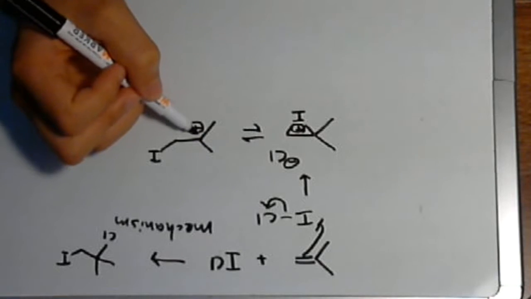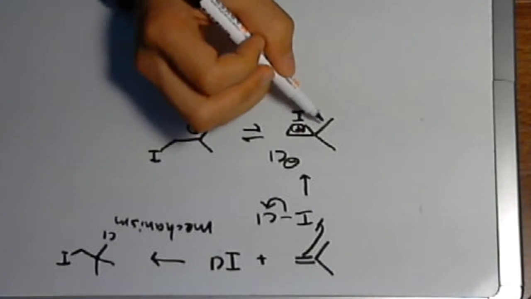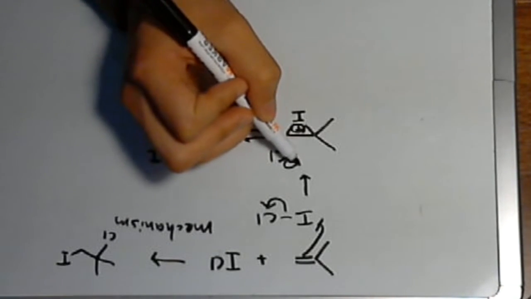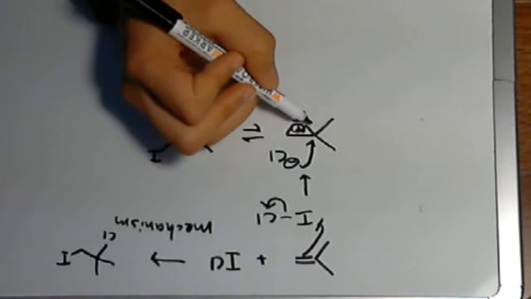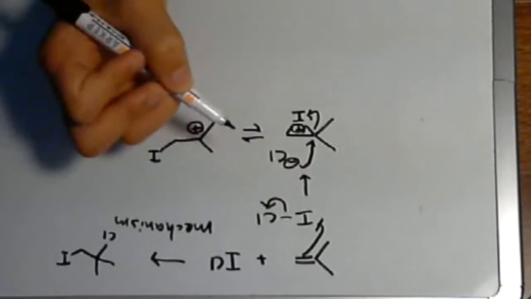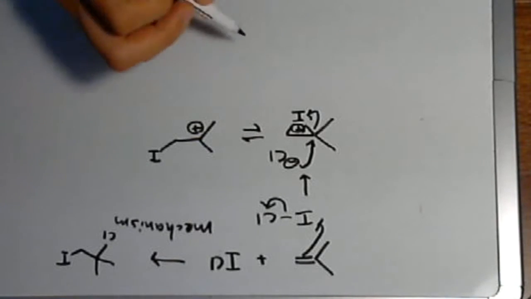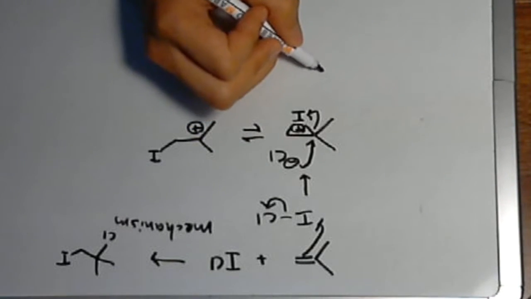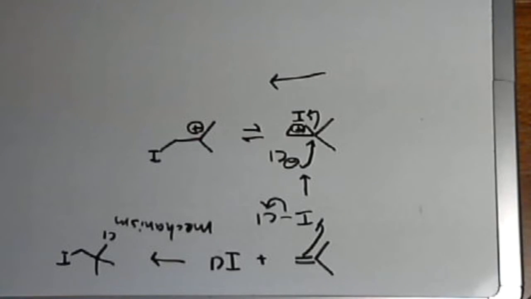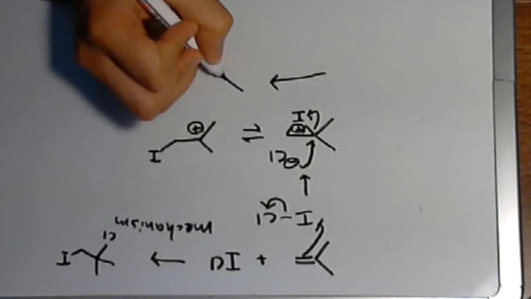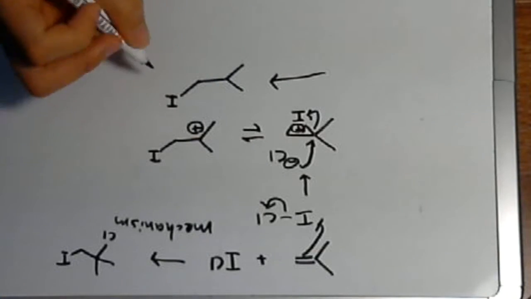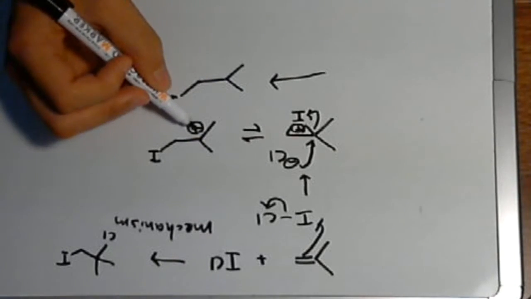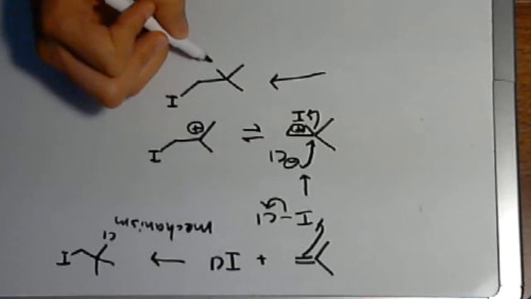And like we discussed earlier, it's this carbon, right? So we're going to attack that, and we're going to take this electron and give it back to that I. So once we do, we're going to get our product. So this I is attached here, and the chlorine is just attached to this carbon.